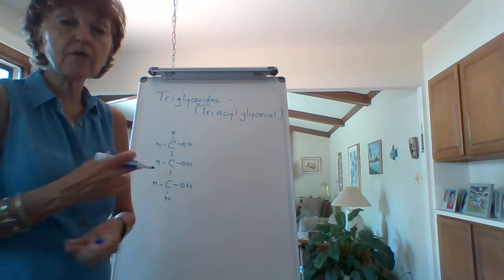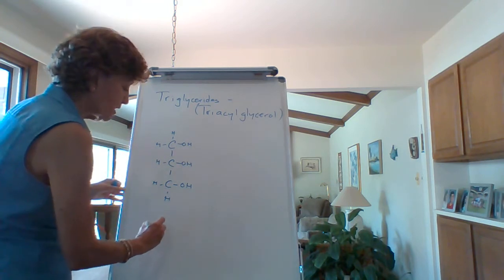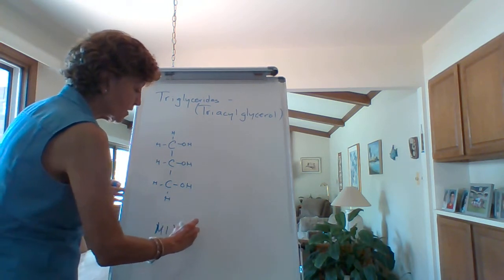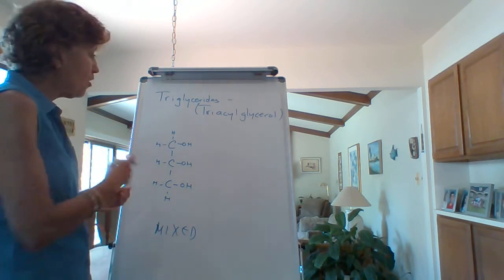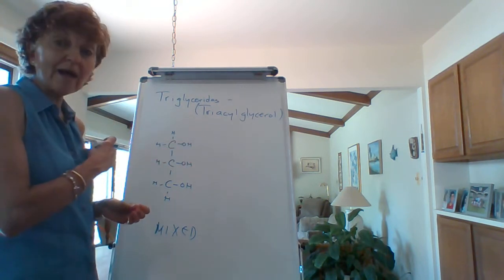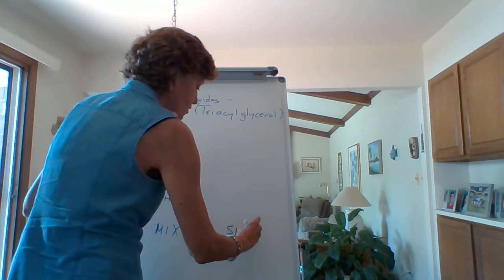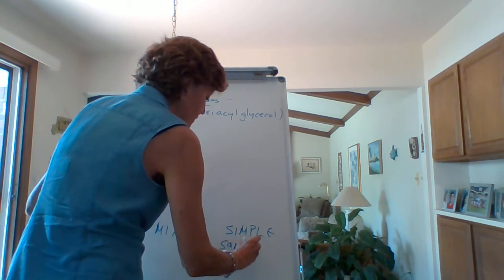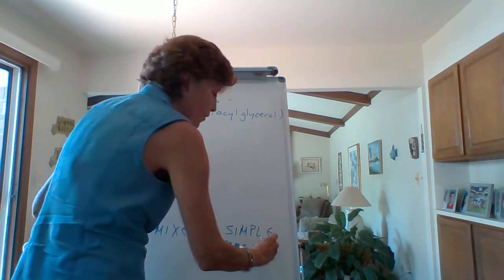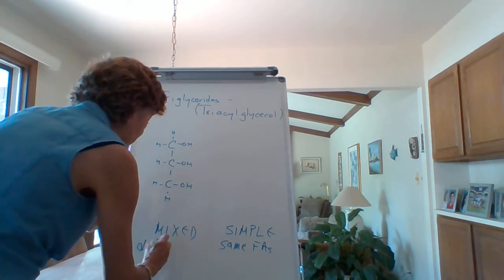If you have 3 different fatty acids, you create something called a mixed triglyceride or a mixed triacylglycerol. If all 3 fatty acids are identical, the exact same one, then it's called simple. So simple is the same fatty acids, all 3 are the same. Mixed, different fatty acids.